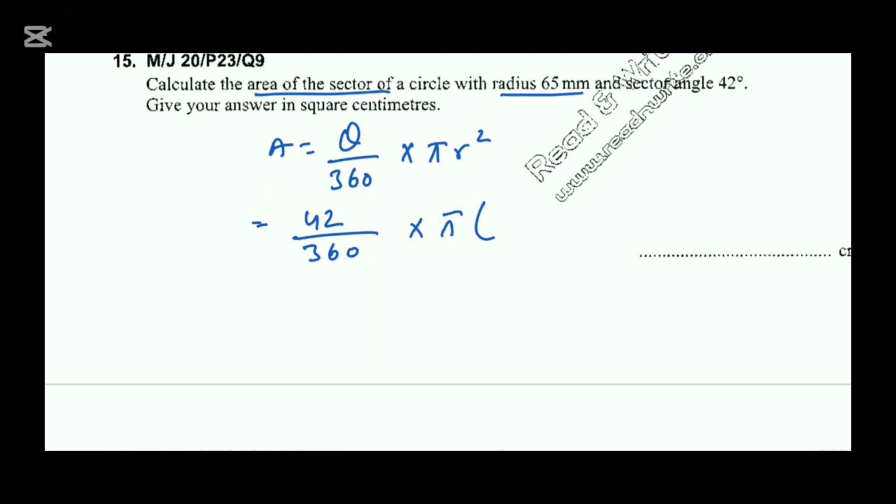Radius is 65 mm, but your answer should be in centimeter square, so convert 65 into centimeter by dividing it by 10. Now if you solve it, you will get 15.5. 15.5 is the final answer.